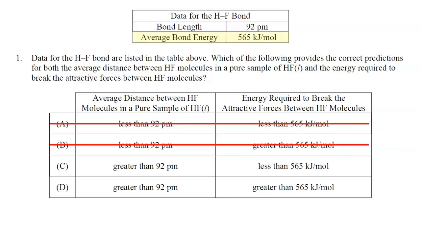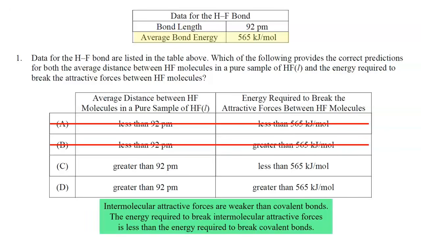Now, with respect to the energy required, it takes 565 kilojoules per mole to break the covalent bonds. It should require less energy to break intermolecular attractive forces in between molecules. So the correct answer to question 1 is C, greater than 92 picometers and then less than 565 kilojoules per mole.